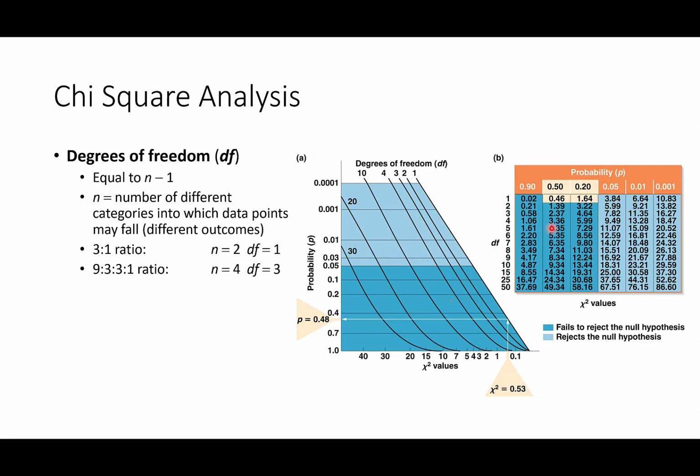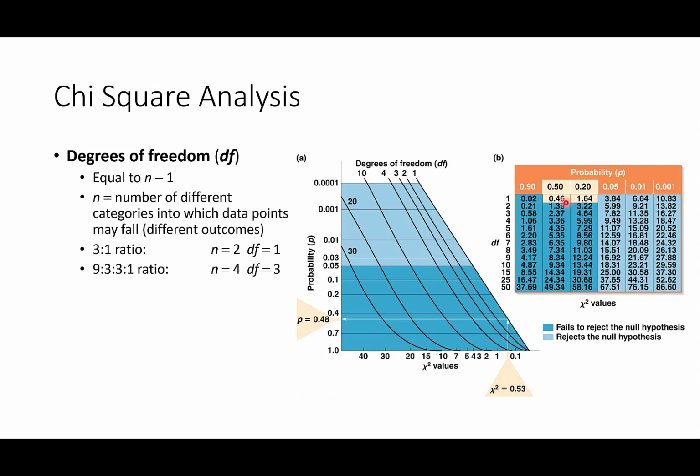Our chi-square value was very small. It was 0.53. That is not a rejection. Our probability would be greater than 0.05, which is what it actually is. Now, I'm not going to give you one of these where you actually go across and find it. As a general rule on the chi-square problems that I ask you to do, I will give you the critical value. So I would say, you have a critical chi-square of 3.84.